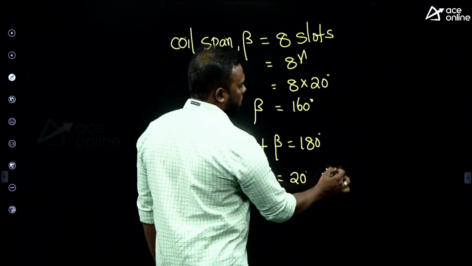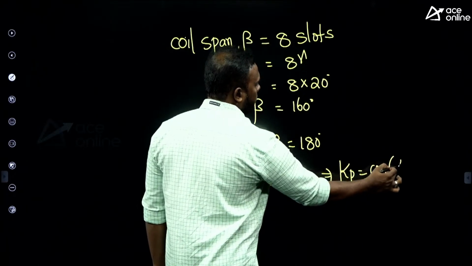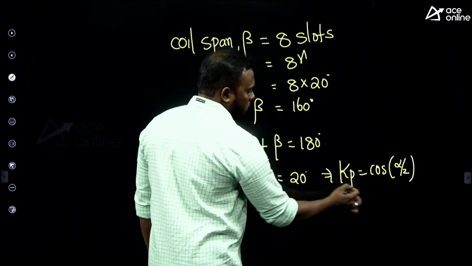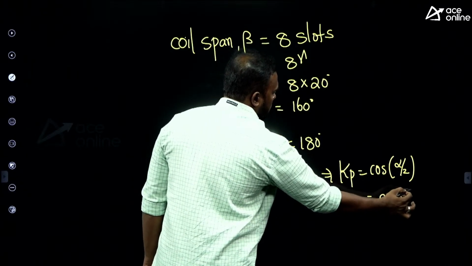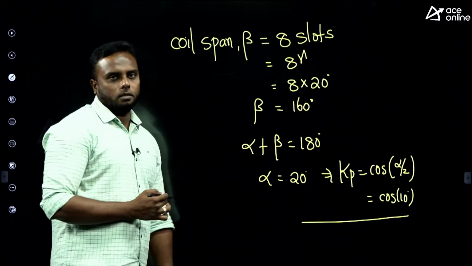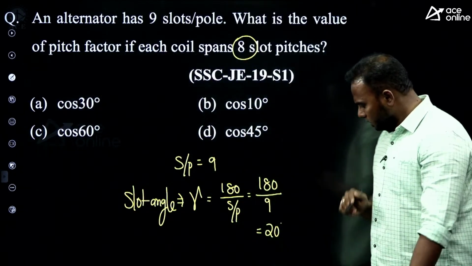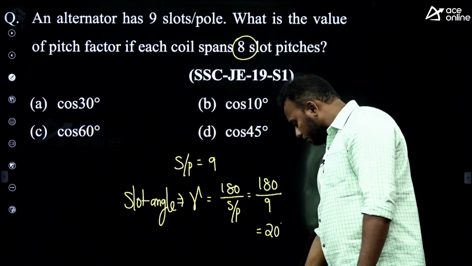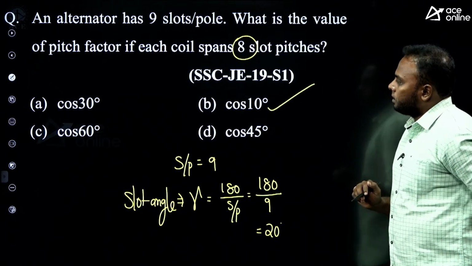Then what is the pitch factor? Kp is cos alpha by 2. Alpha is 20 degrees, so alpha by 2 gives cos 10 degrees. The pitch factor Kp is cos 10. The options are also in terms of cosine, so there is no need to find this value. Cos 10 degrees, option B is correct.